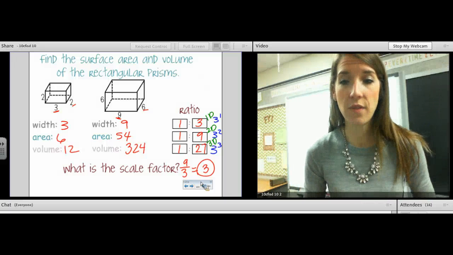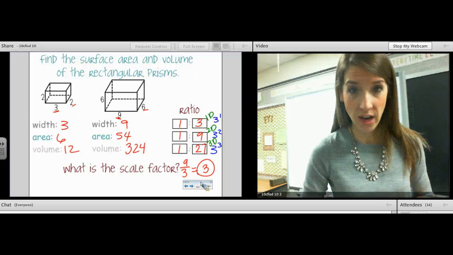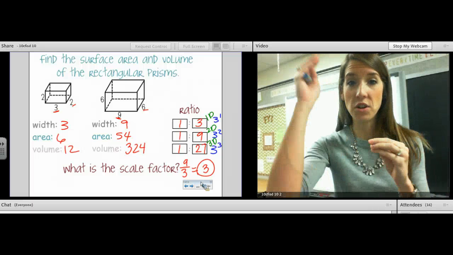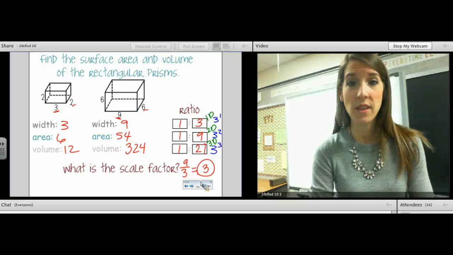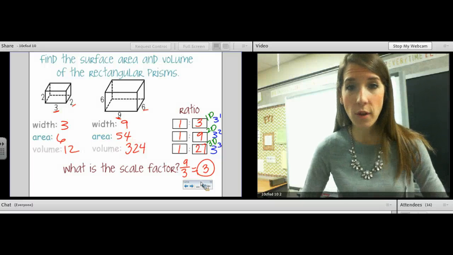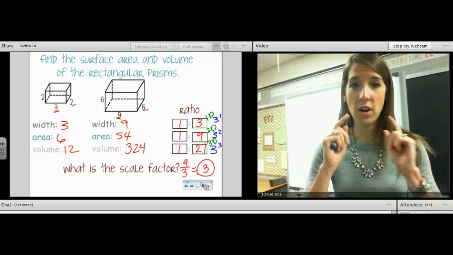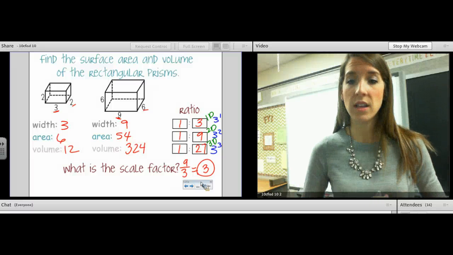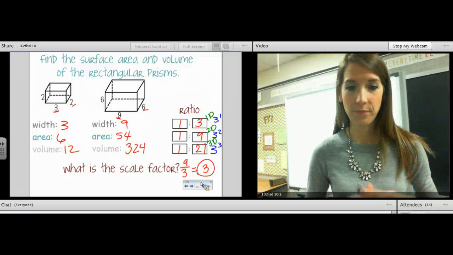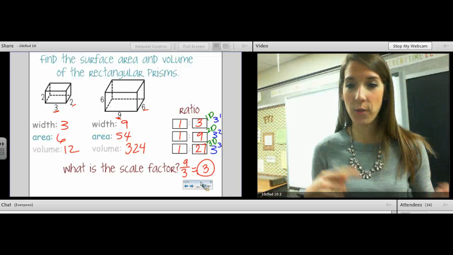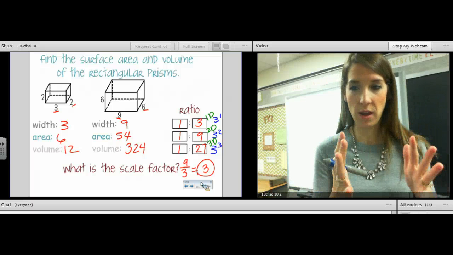If you want to know the ratio of the areas, you take your scale factor and you square it, because it's 2D. And if you want to know the ratio of the volumes, you take the scale factor and you raise it to the third. You cube it, because volume is 3D. Get it? 3 to the 1, 3 to the 2, 3 to the 3. The scale factor is 3.